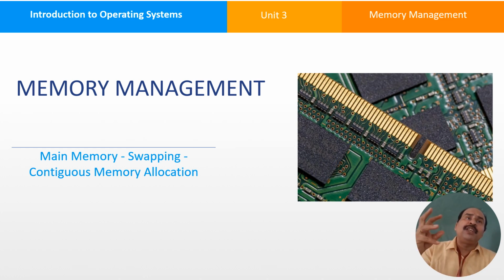If the processor is the heart of your system, memory is the brain of your system. Memory is where the information is stored, accessed, stored again, and changed. All these processes happen within the memory. And memory is a limited resource.